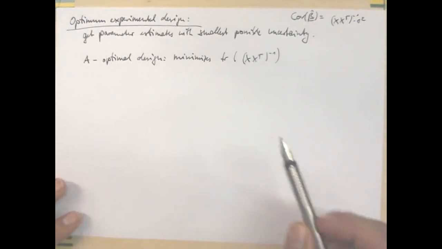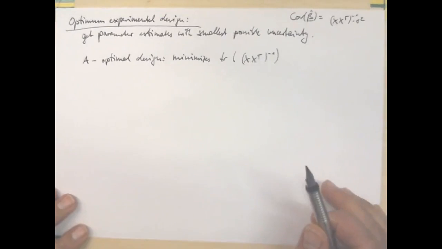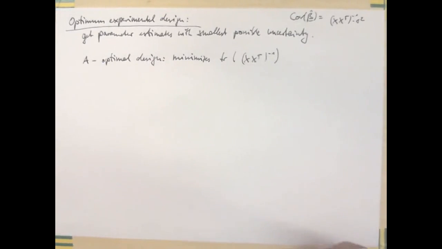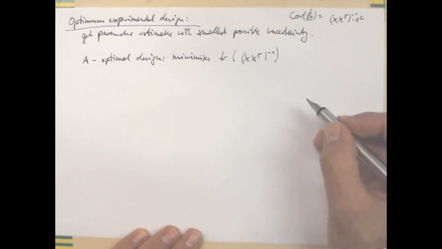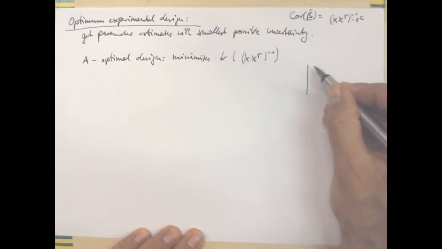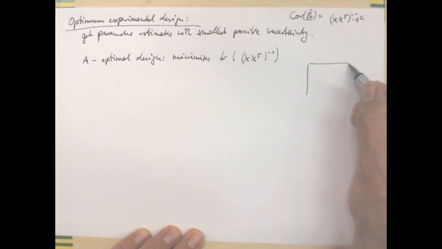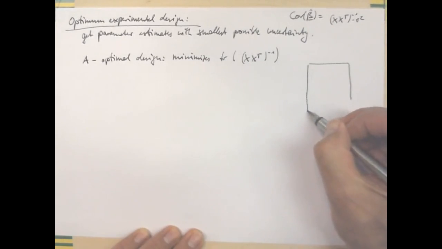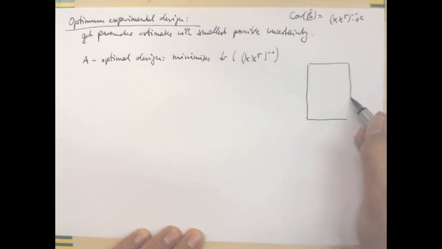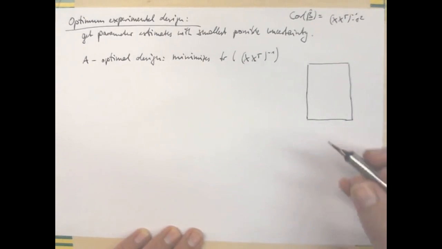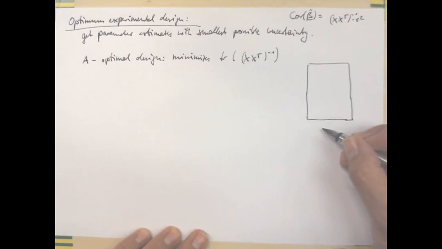So when I say minimize the trace, what does it mean? It means that at the outset, somebody defines the range in which you can perform measurements. So let's say you assume that you have a linear relation that you want to model, and you can direct your measurements in, let's say we have two explanatory features.